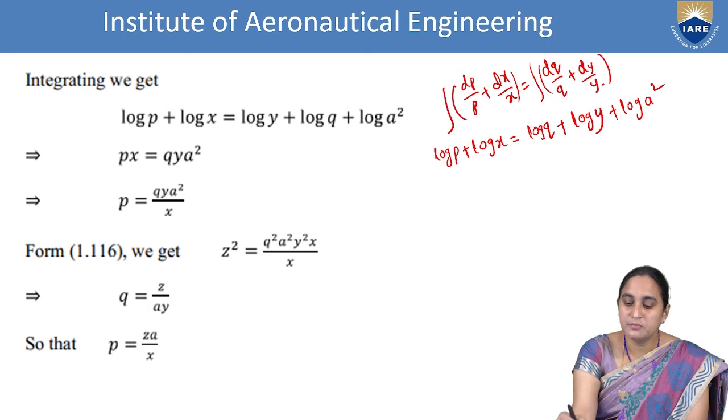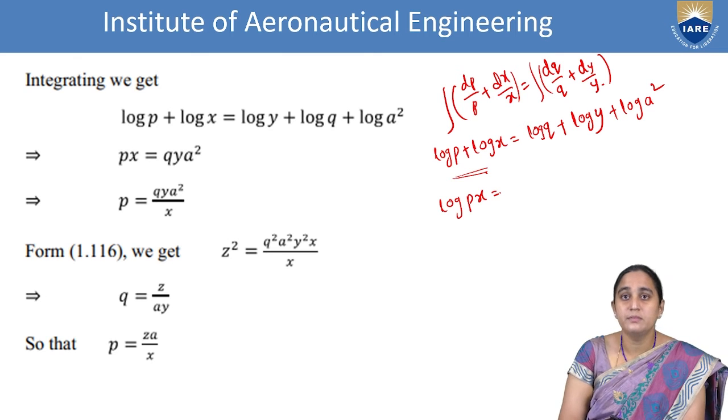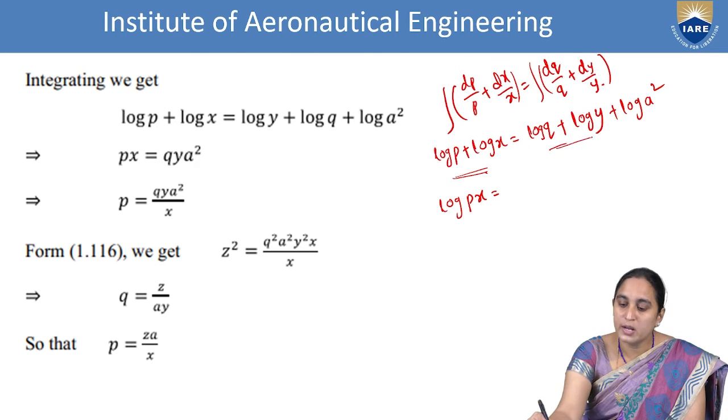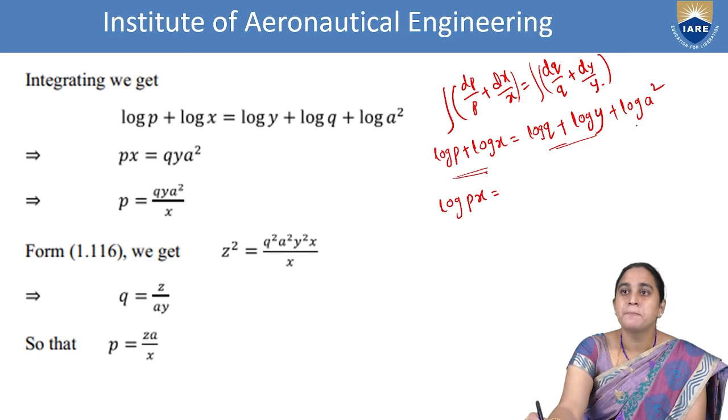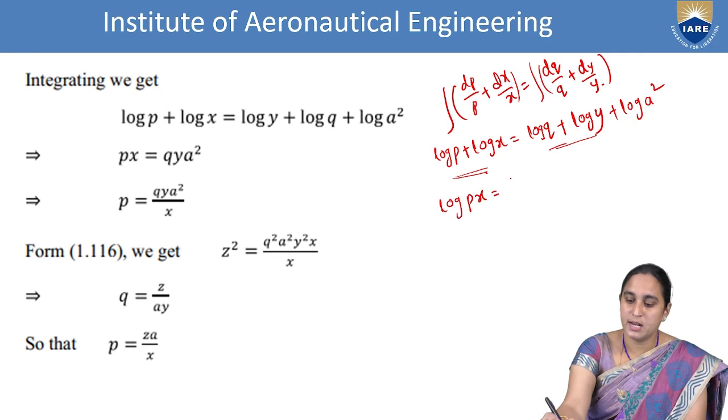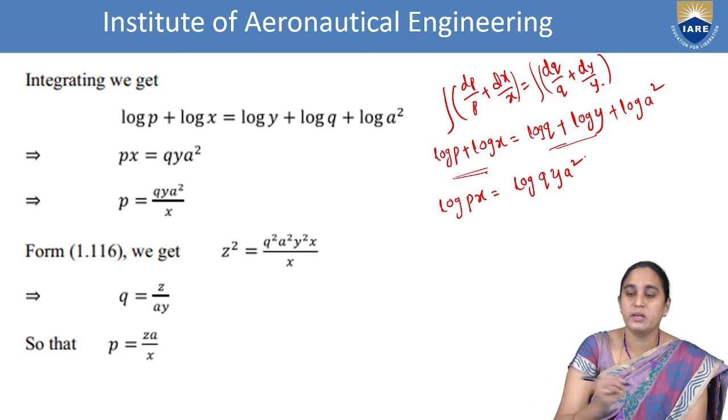After the integration, once you observe the LHS part, which is in the form of log m plus log n, that is log of mn form. That is equal to log a plus log b plus log c form on the RHS side, that is logarithmic of qy a square.